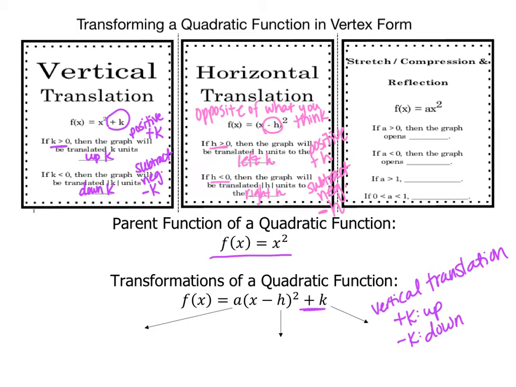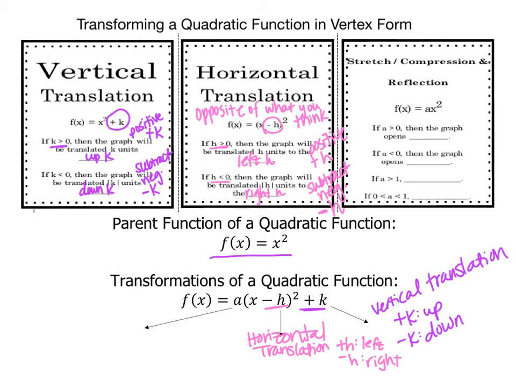Now, the next thing that we could do is look down here at our function, as we did last time, and I see this h right here. We can now say, okay, that's going to be our horizontal translation, where I see that I have a plus h is moving left and a minus h is moving right.